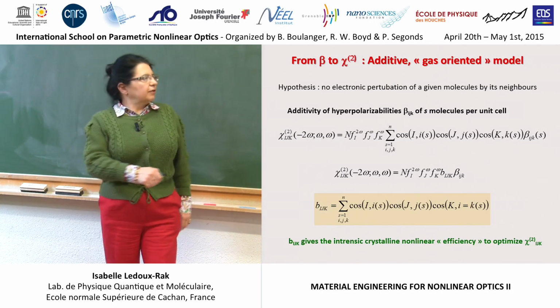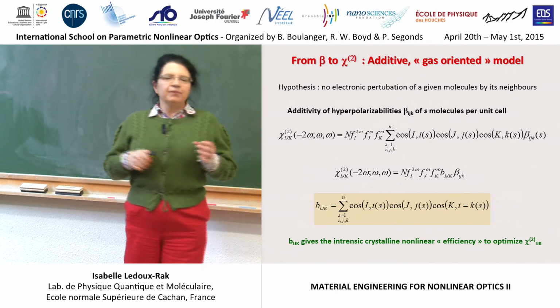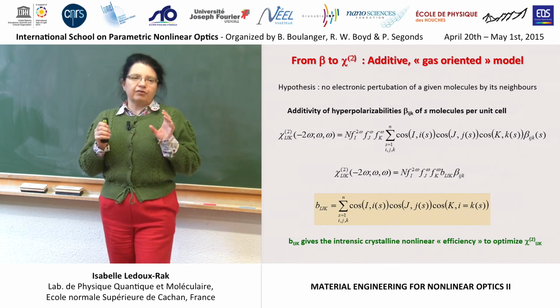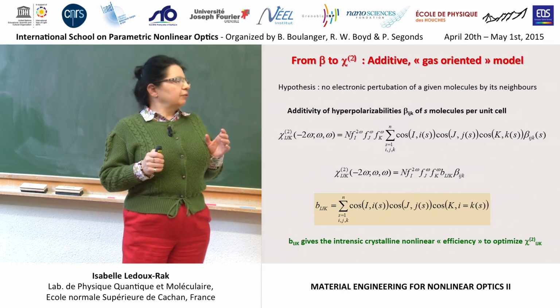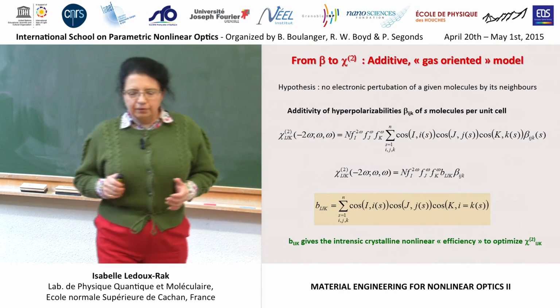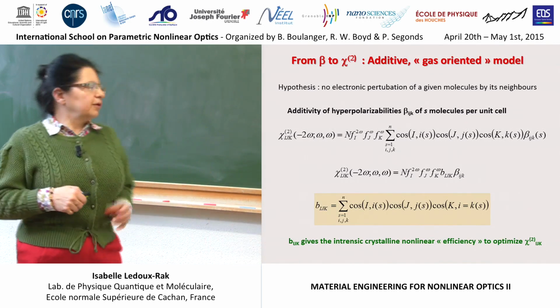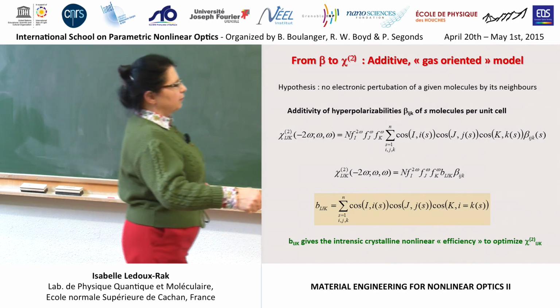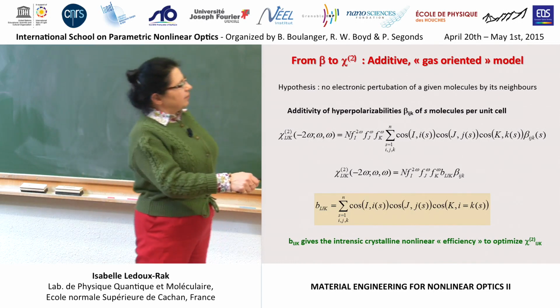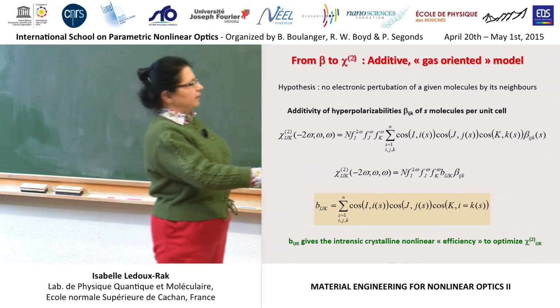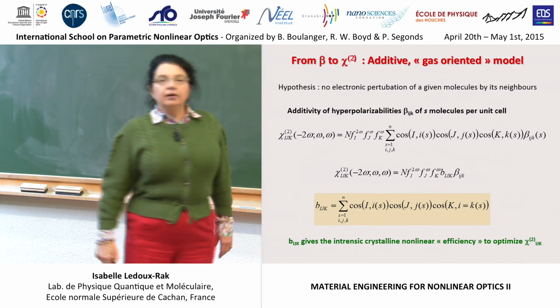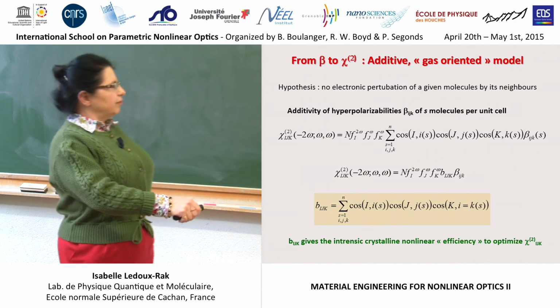And it's really related to the fact that you have to calculate the projection of the omega electric field on the main molecular axis of the molecule, which is responsible for the nonlinear response. And this term can be written in the form of B. This B factor is simply this product.